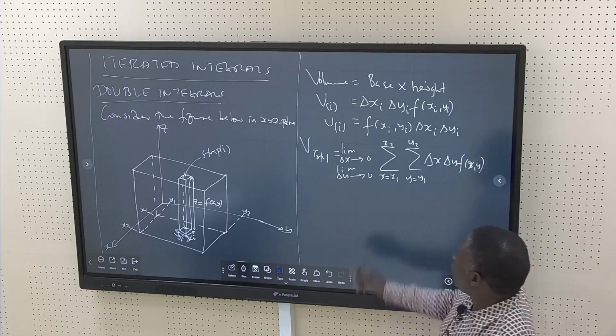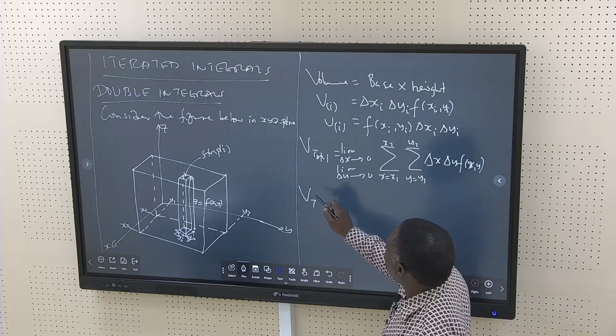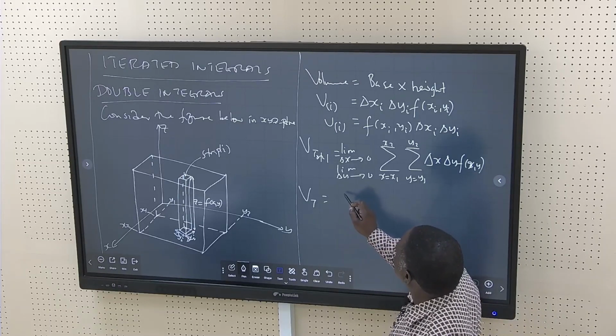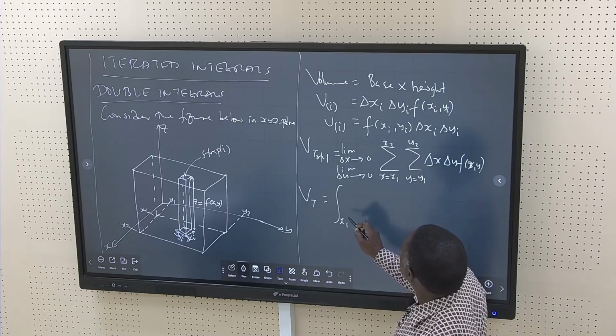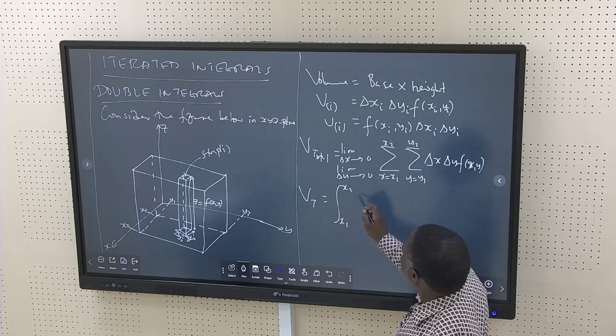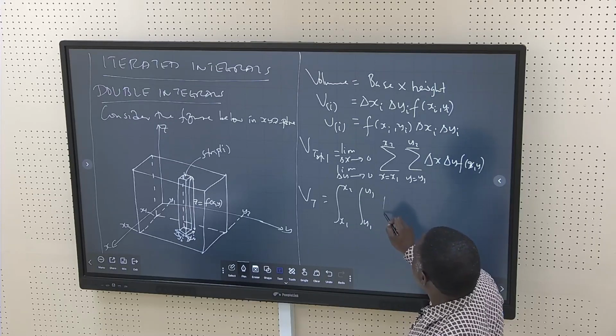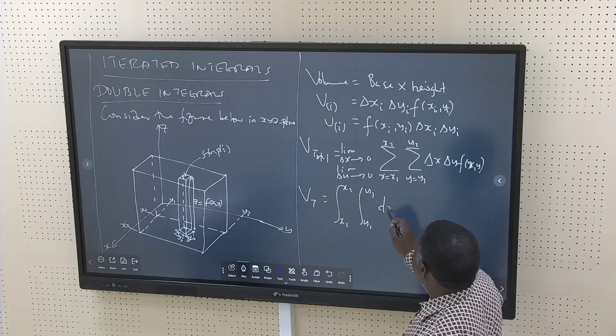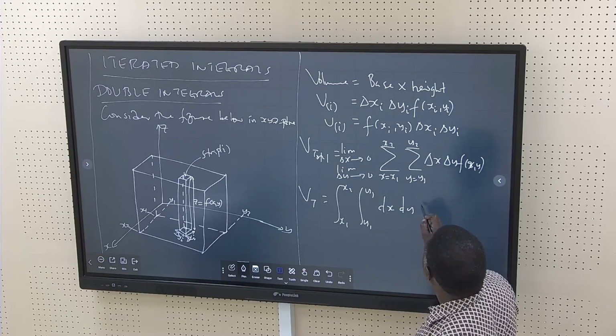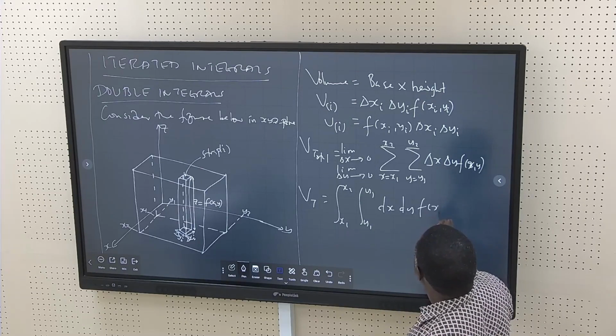So in turn, the volume for the whole block will be equal to the integral from x1 to x2, and the integral from y1 to y2, delta x, delta y, f of x, y.